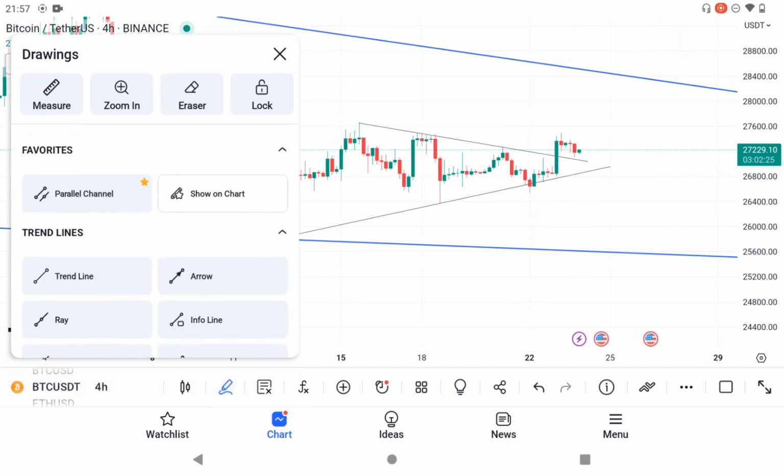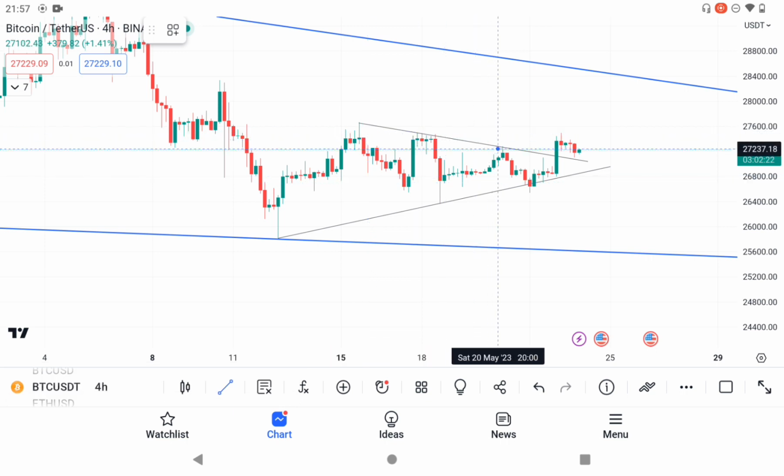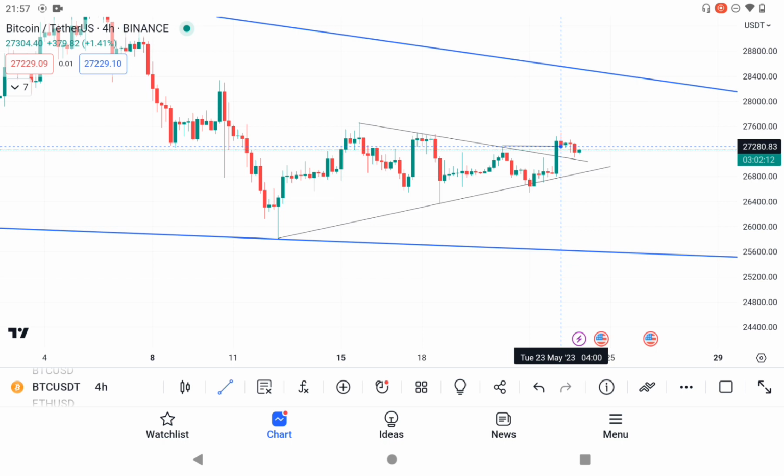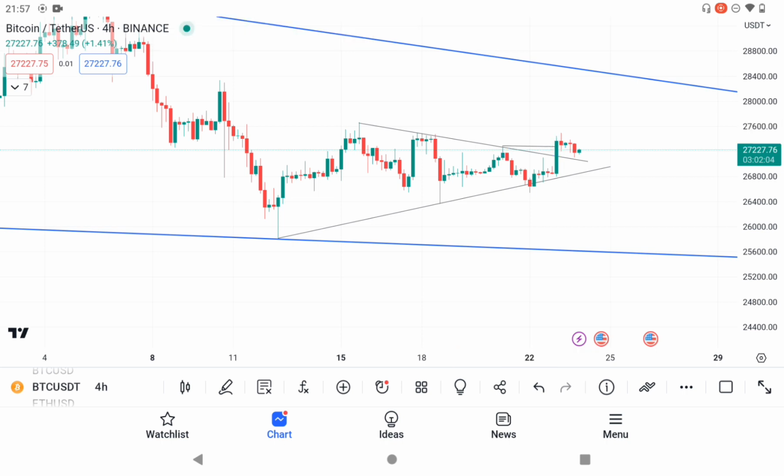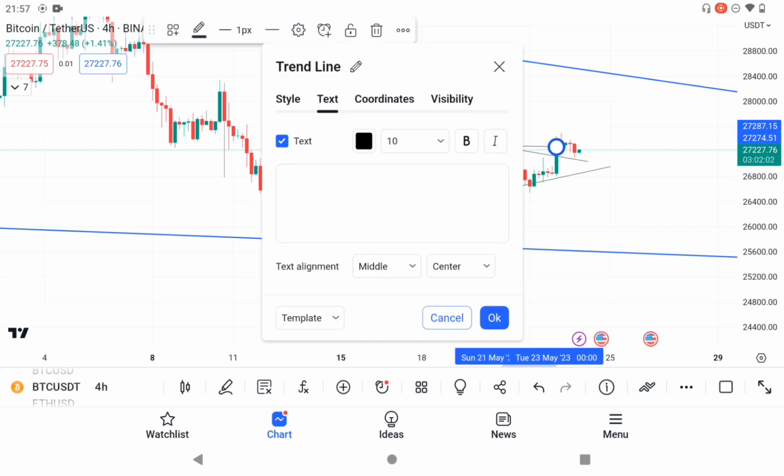Now we can see clearly where we have something like a break of structure occurring here, most definitely to the upside. I'm just going to put it right here so that everyone can see.